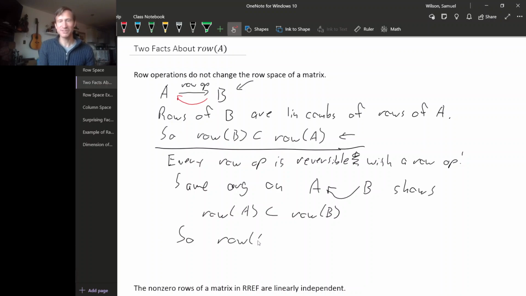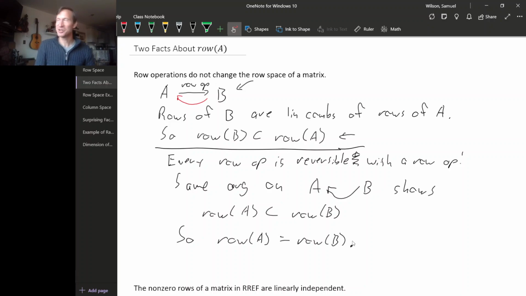So the row space of A is equal to the row space of B. And so we've shown that no single row operation changes the row space of a matrix, and that means that no chain of row operations will change the row space either.